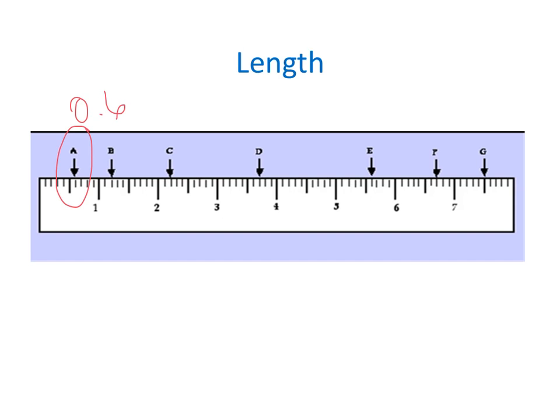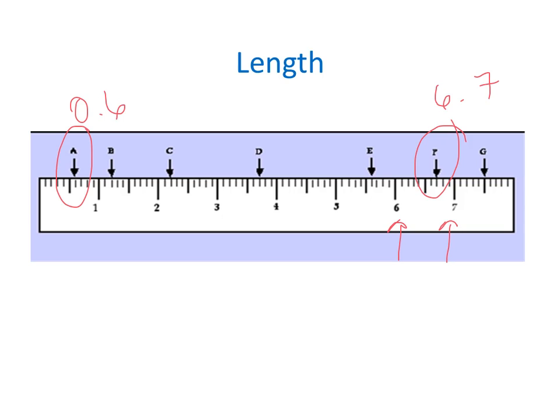I'm not going to go through every single measurement, but we can just point out another one, like F is here between the 6 and the 7, and it's just past the halfway point, and so our answer for F would be 6.7 centimeters. So you should notice that on this ruler there are 10 spaces between each whole number.